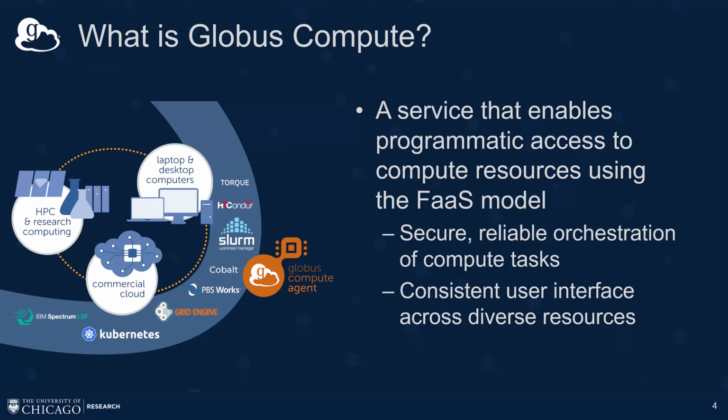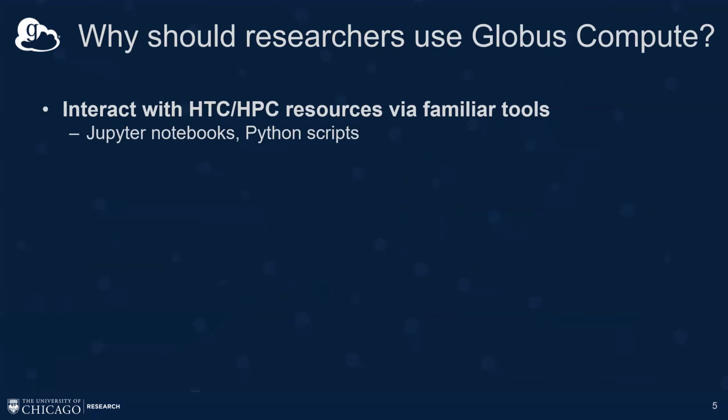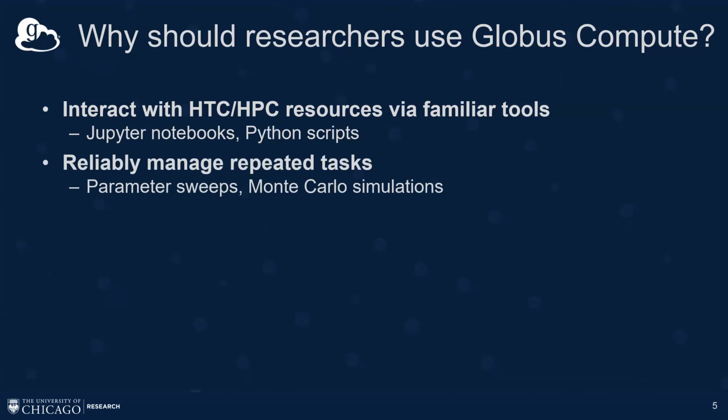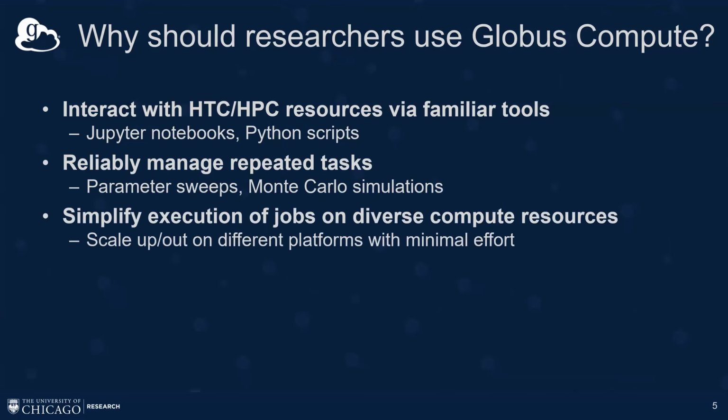So why should a researcher use Globus Compute? The familiar tool: they use Jupyter Notebook or Python scripts, and they just offload the computation. They can reliably manage repeated tasks, like parameter sweeps, Monte Carlo simulation, all of that, from the comfort of their own laptop or Jupyter Notebook.